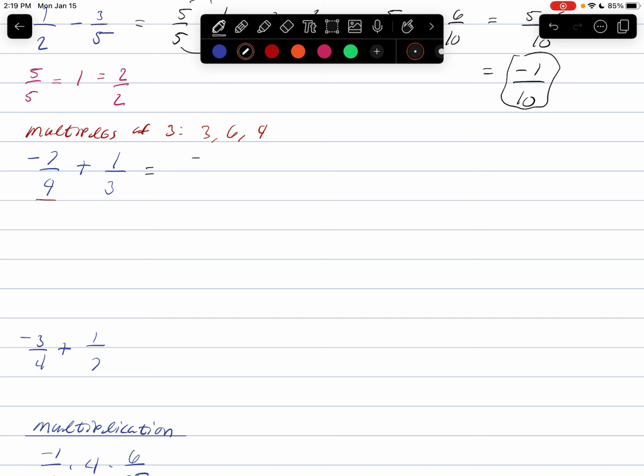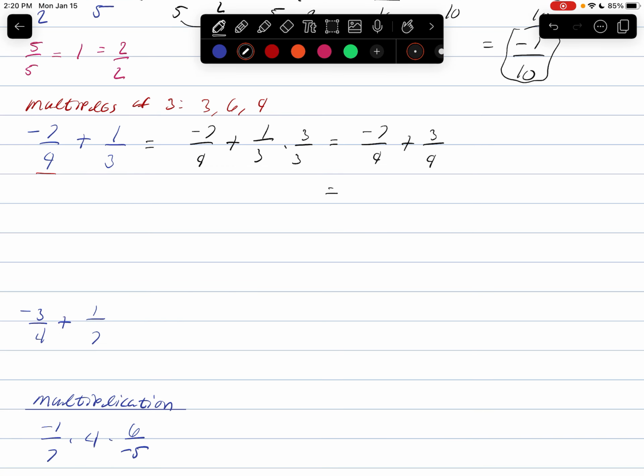So this is going to give us negative 7 over 9 plus 1/3 times 3 over 3. And that's going to give us negative 7 over 9 plus 3 over 9. Or we can write this as negative 7 plus 3 over 9, which is negative 4 over 9.